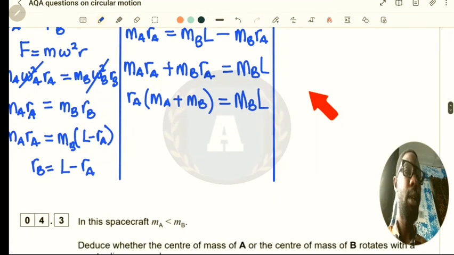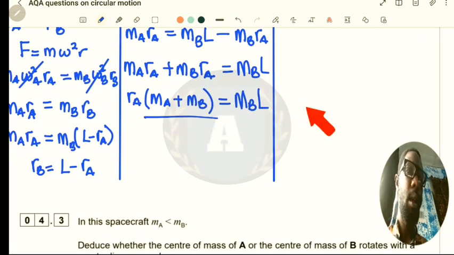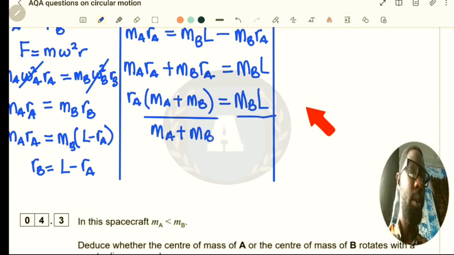Okay, so we can now divide both sides by MA plus MB, this side also MA plus MB. So this cancels out that.